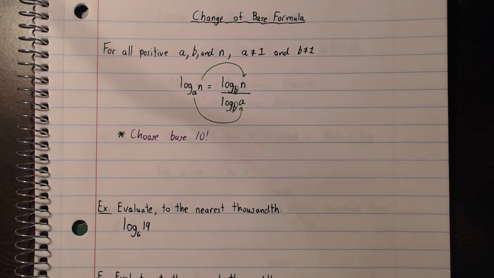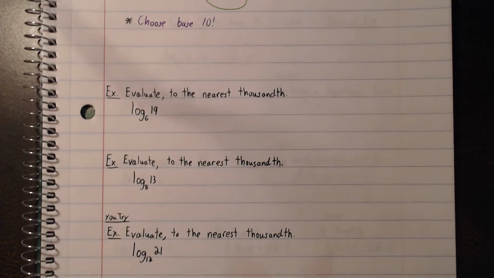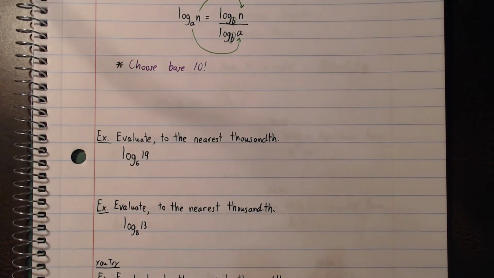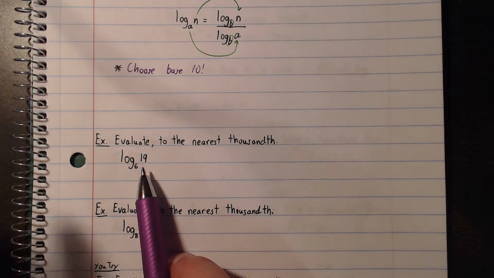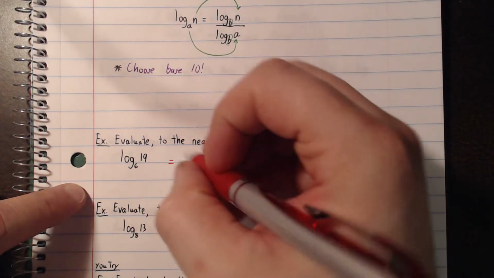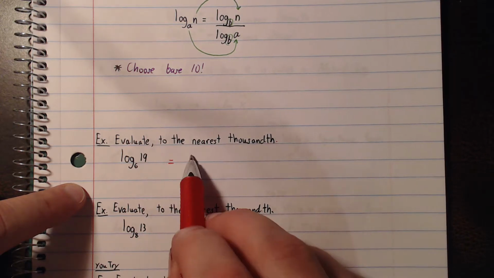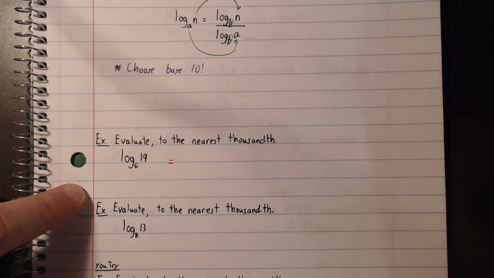Okay, so let's take a look at an example of how this works. I'll leave the formula up here for us for the first one. Okay, we have log base 6 of 19. We want to rewrite this so that the 19 is on top, the 6 is on bottom, and we can choose any base we want. We're going to be smart and choose base 10.